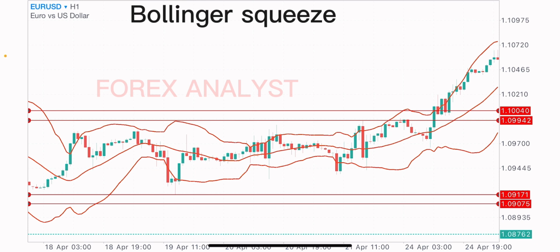So this is it. We use this to trade our breakout.